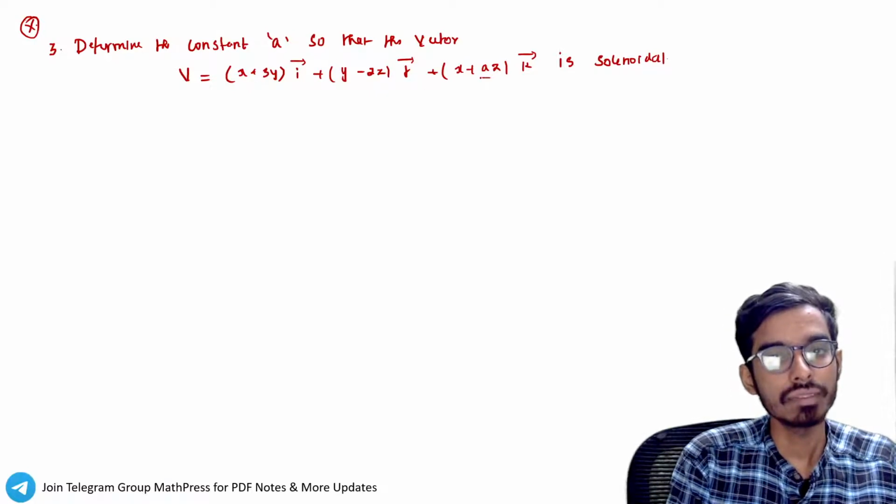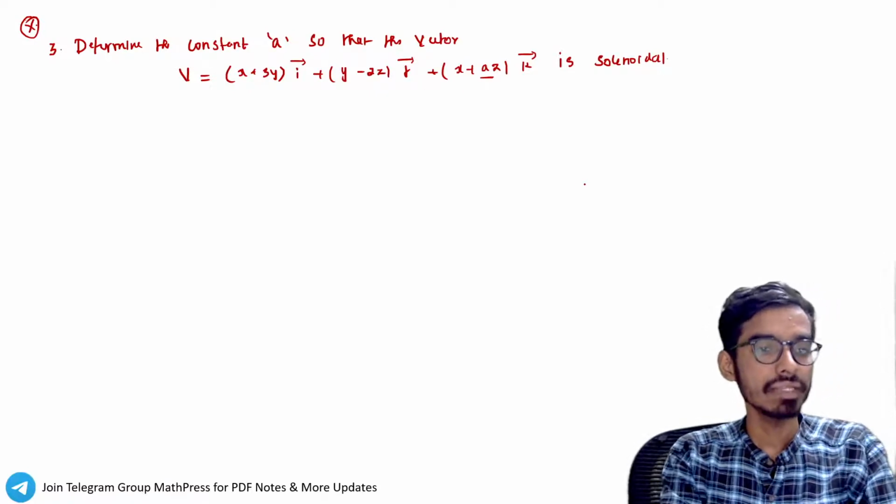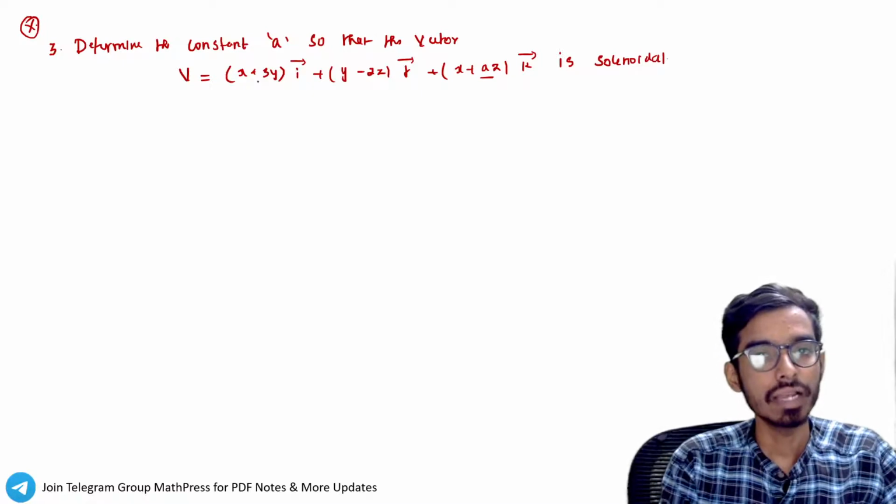So we need to find this a value. They are given that this vector is solenoidal, right?